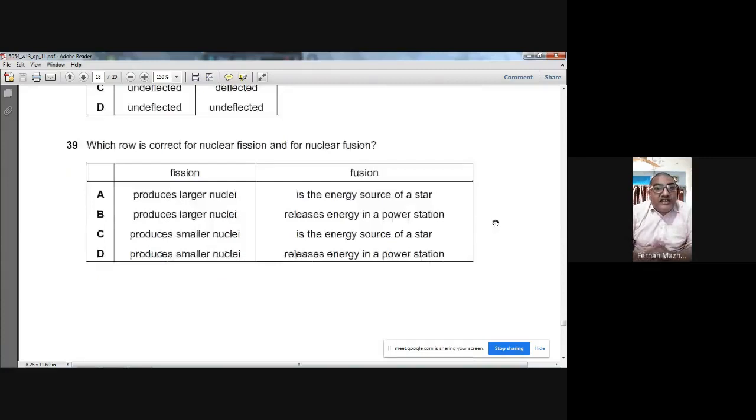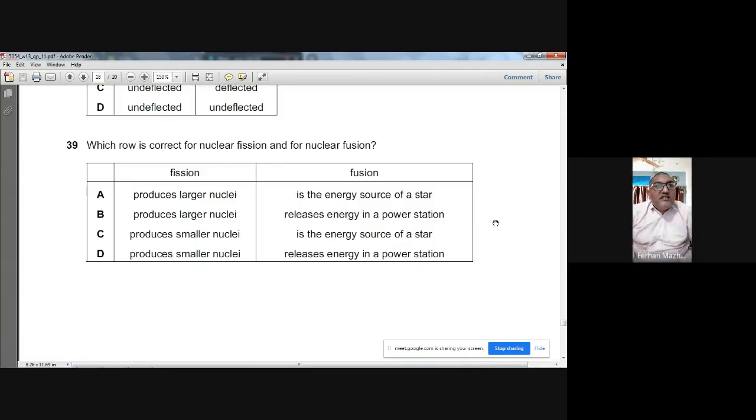Question number 39. Which row is correct for nuclear fission and for nuclear fusion? In fission, a large nucleus is bombarded with neutrons and it splits into smaller nuclei. And in nuclear fusion, which is happening in stars and suns, small nuclei come and fuse into each other and make a large nucleus.